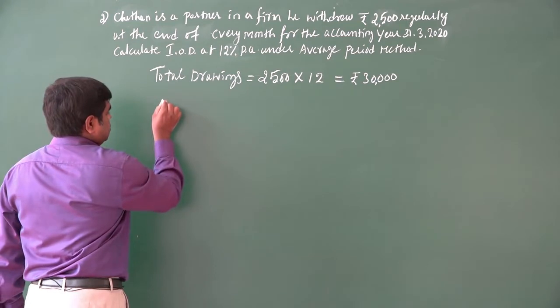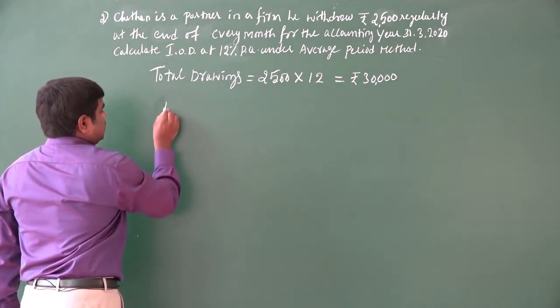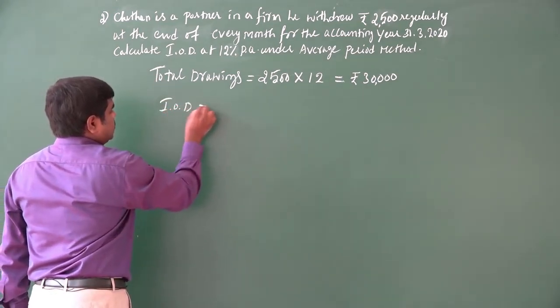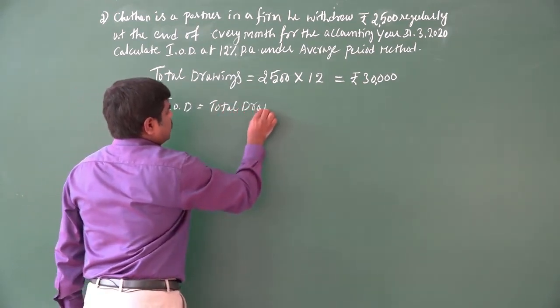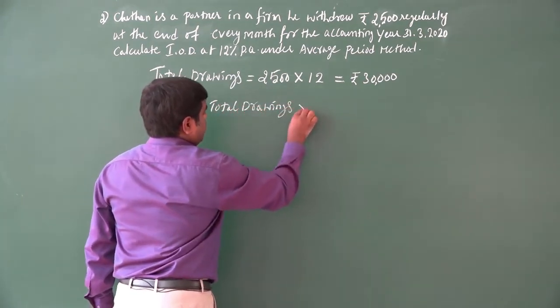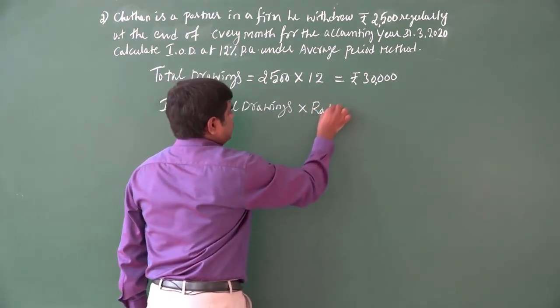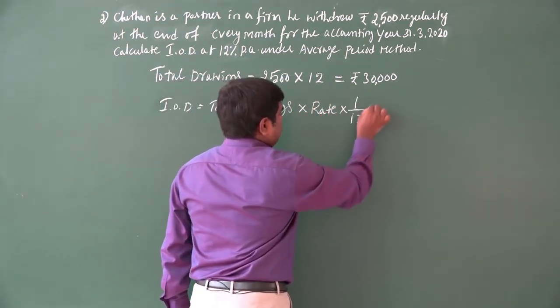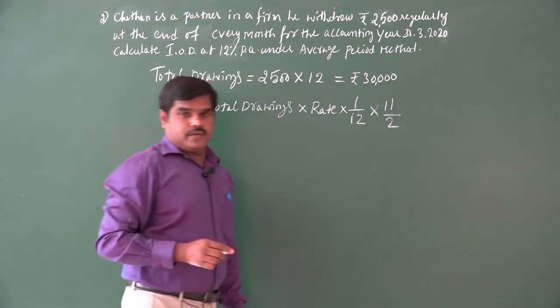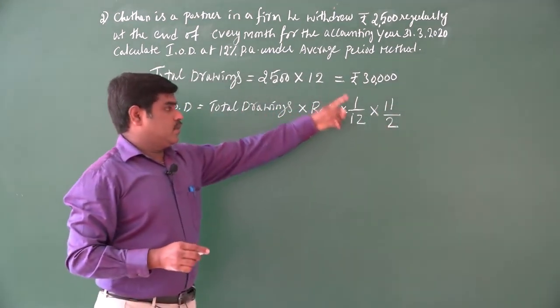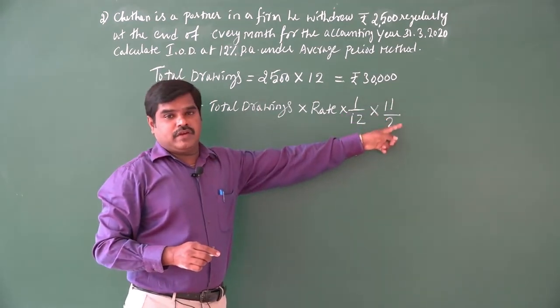Next, interest on drawings is equal to total drawings into rate into 1 over 12 into 11 divided by 2. Total drawings into rate into 1 over 12, average period is 11 over 2.